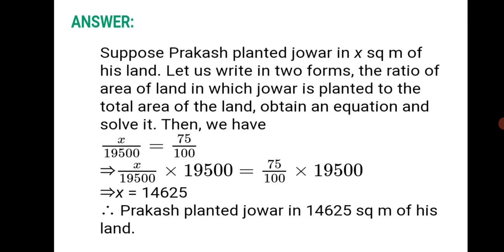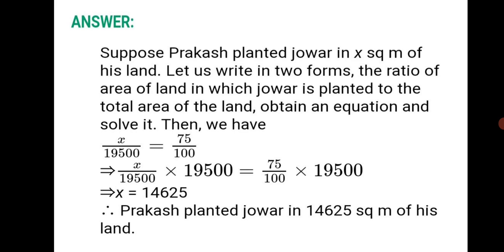Okay, x comes first, not 19,500, because x is where he has planted jawar out of the total 19,500. So total will come down always. So our equation is x upon the total land, that is 19,500, is equal to the percentage given, 75 upon 100. Now we want to eliminate this 19,500 which is with x.